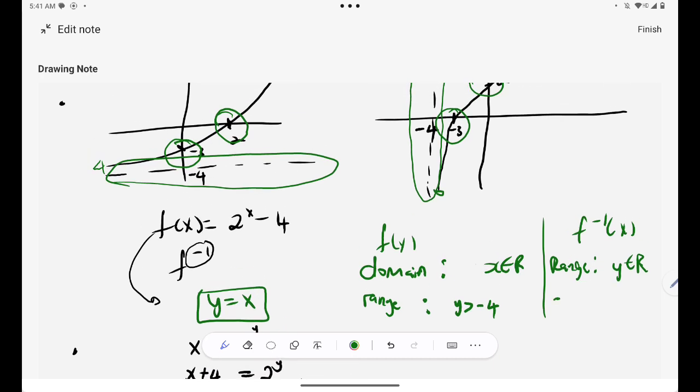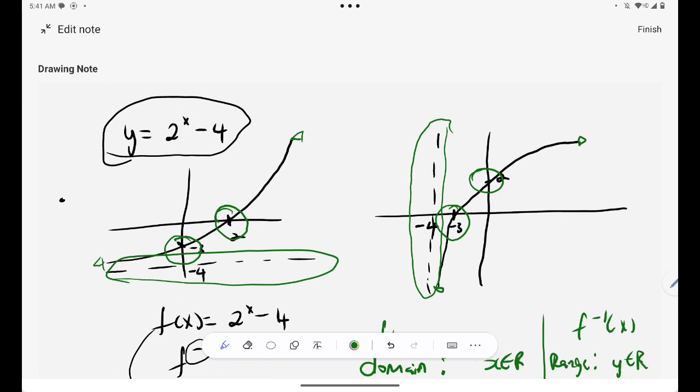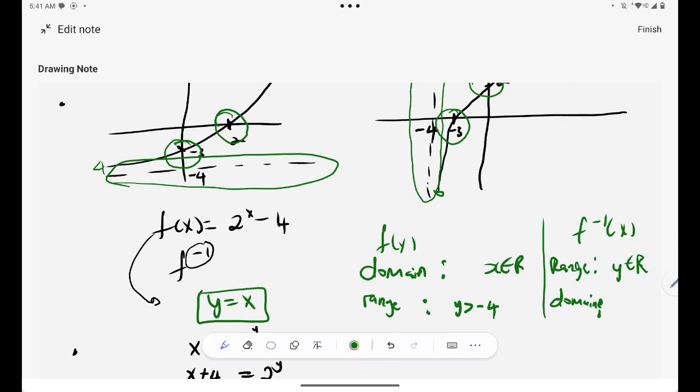And then now let's check my domain of the inverse graph. Are you together? The graph is on the right hand side of the asymptote, which simply means x is greater than negative 4. Are you together? Whatever happens on x of the original graph will happen on y of the inverse function.